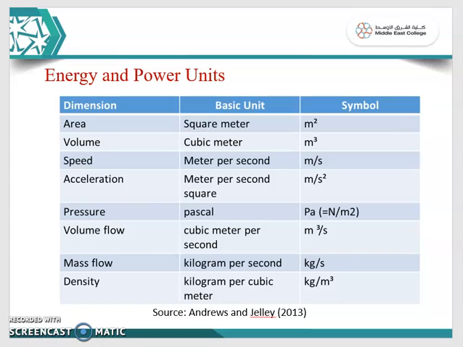Pressure is in Pascal, 1 Pascal is equal to 1 Newton per meter square. Mass flow is in kg per second. Volume flow is in cubic meter per second. Density is in kilogram per cubic meter, kg per m³.